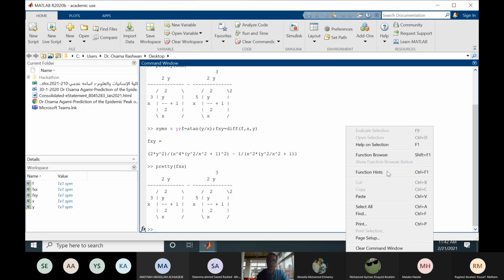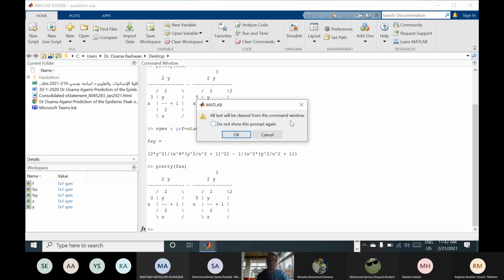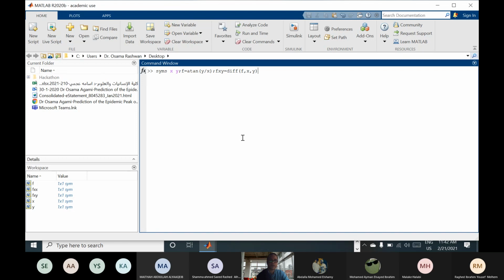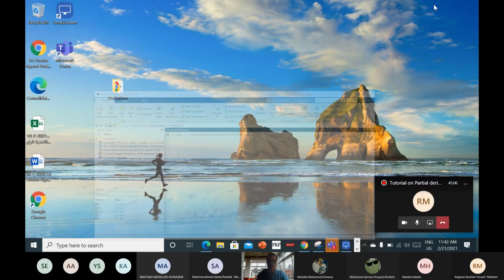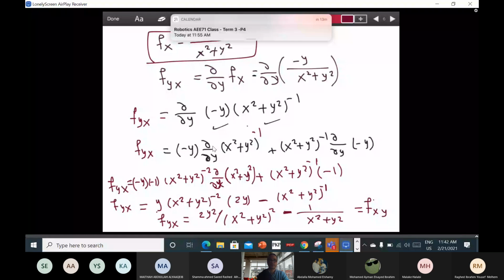As I understand mathematically, I have to differentiate fx if I'm looking for fxy. So first, I diff with respect to x, okay? And then differentiate again, diff of the result of this command, with respect to what? Y. Okay? So this is what you do, as we said in our mathematical approach.